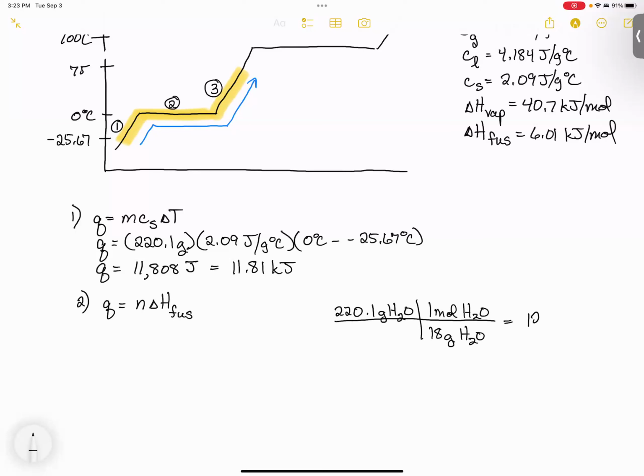And that comes out to be 12.23 moles of water. So the heat is equal to 12.23 moles times our ΔH of fusion, which is 6.01 kilojoules per mole, for a heat of 73.5023 kilojoules.